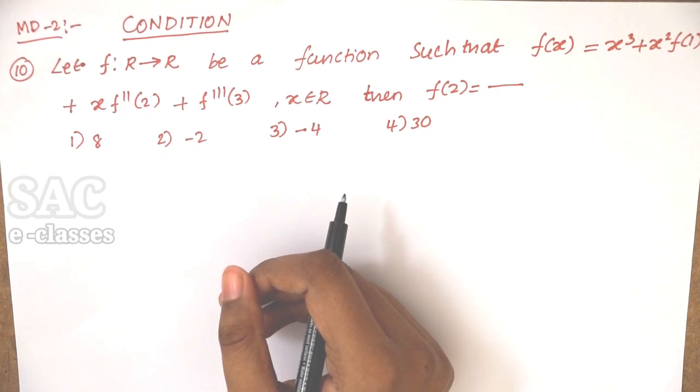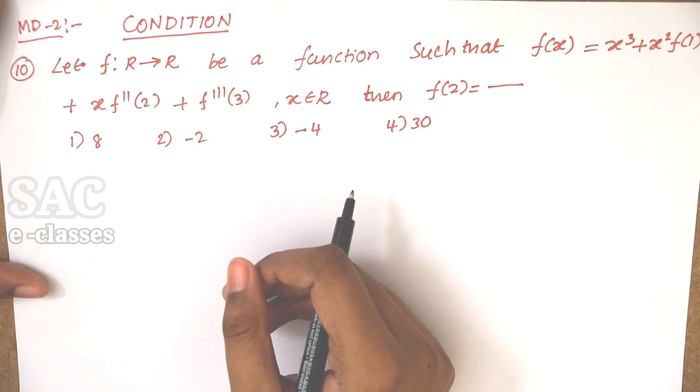Now we are coming to the next model, that is conditional based problems. These problems I have chosen from your MHT CET PYQs and also whichever very important concepts are there, those I pick. The 10th problem is one of that kind. See here, let f from R to R be a function such that f of x is equal to x cube plus x square f dash of 1 plus x f double dash of 2 plus f triple dash of 3.